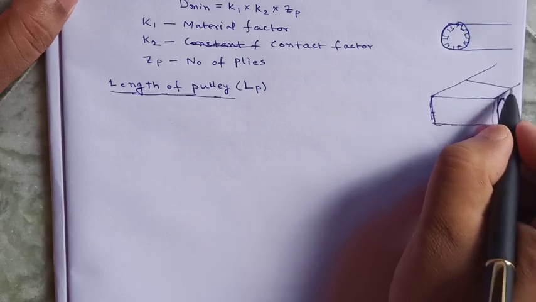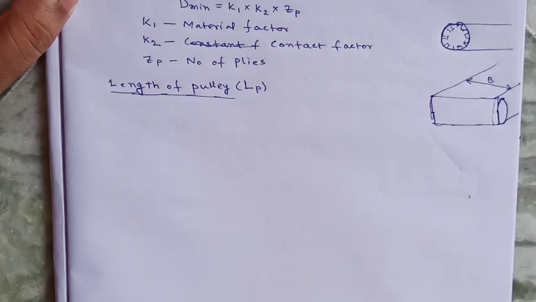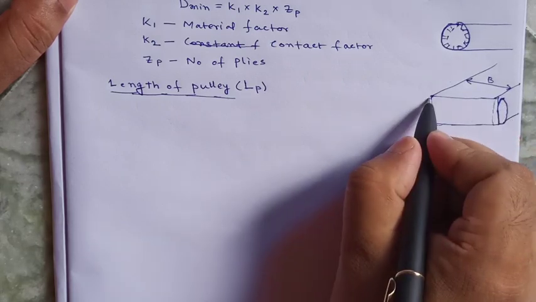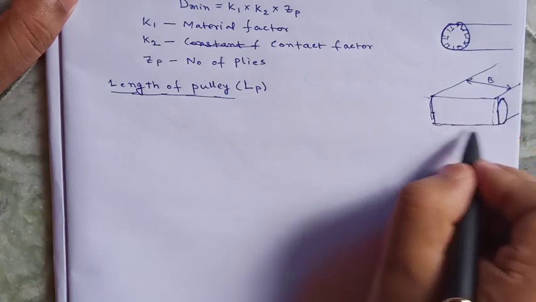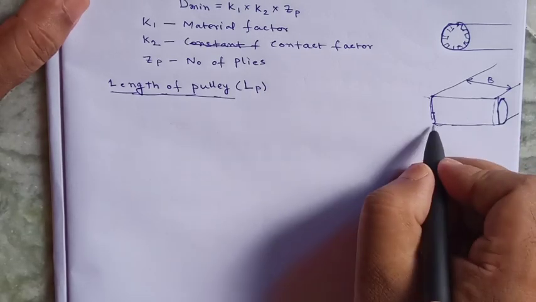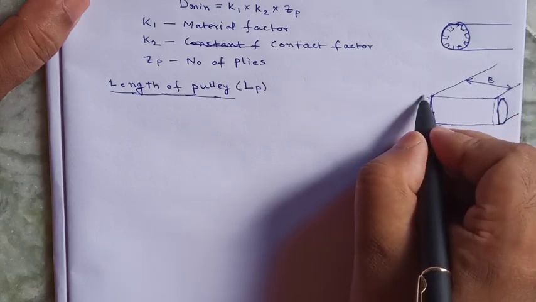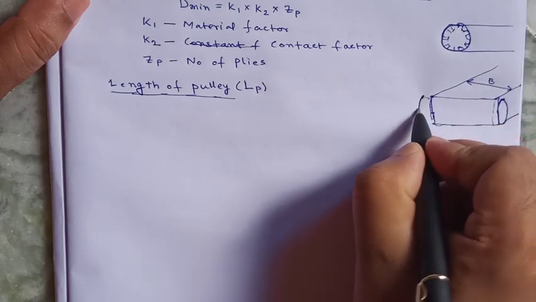This is the belt width, that is capital B. Now this length is the length of the pulley, so it always has to be greater than the belt width.